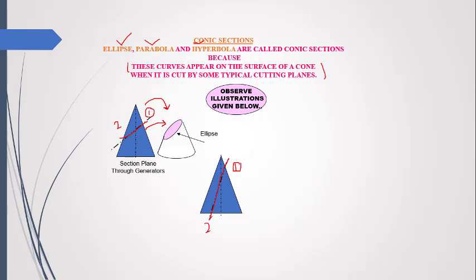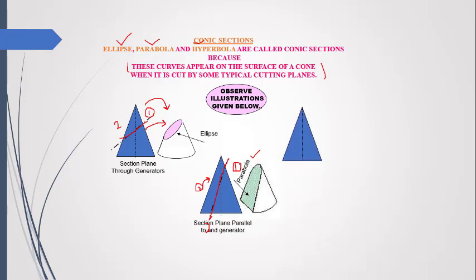But you can see here that the cutting plane line is parallel to generator 2, that is side number 2. So the cutting plane line, being parallel to side 2, will give us a parabola. Now the shape acquired from cutting the cone is this one. This is known as a parabola.